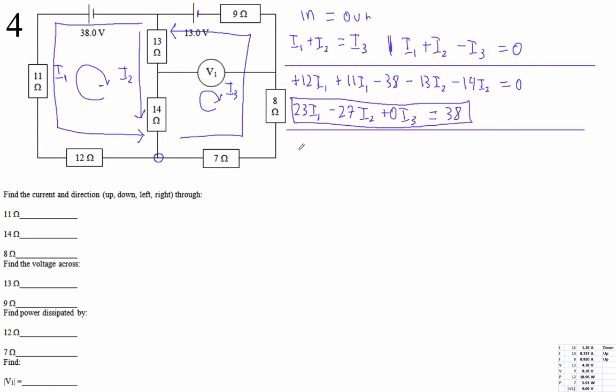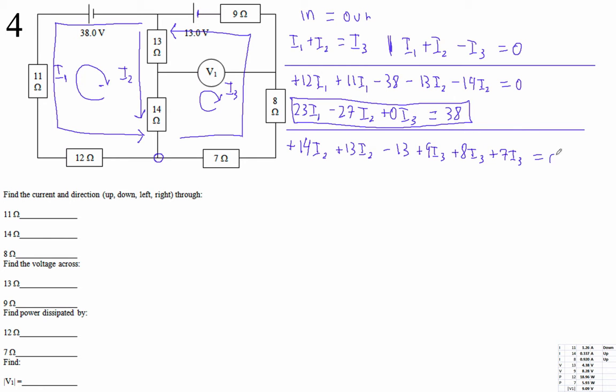Plus 14 I2, plus 13 I2. Now we're going the wrong way through this one, so minus 13. Now we're going upstream in I3, so plus 9 I3, plus 8 I3, plus 7 I3.